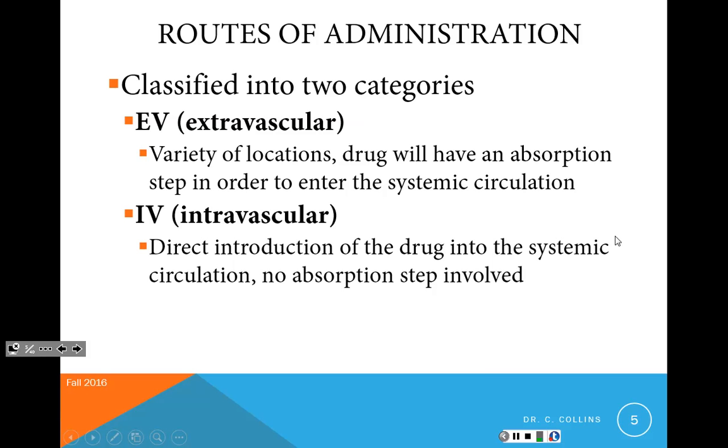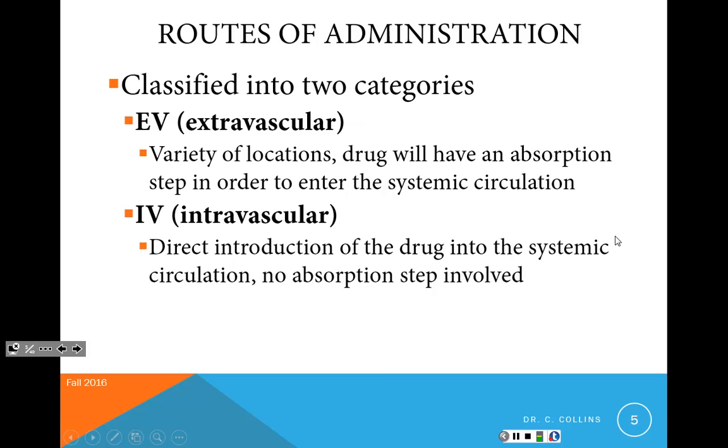Interestingly enough, about half of the routes that are injections do not go directly into the bloodstream, and in fact do have an absorption step. So this does not mean extravascular means oral and intravascular means injection. No, doesn't work that way. There's a lot of other things in extravascular and not nearly as many as you think in intravascular.